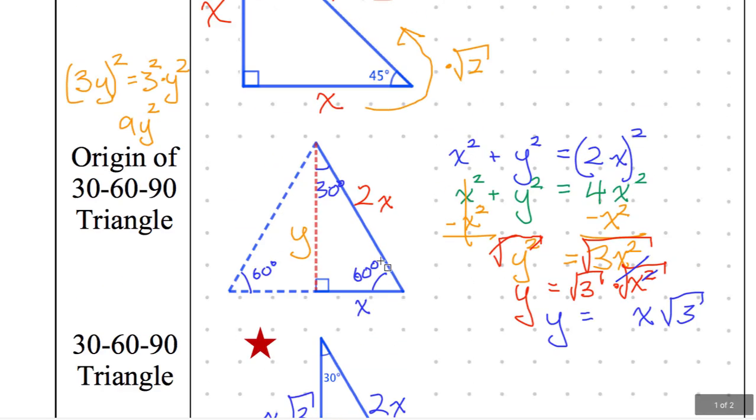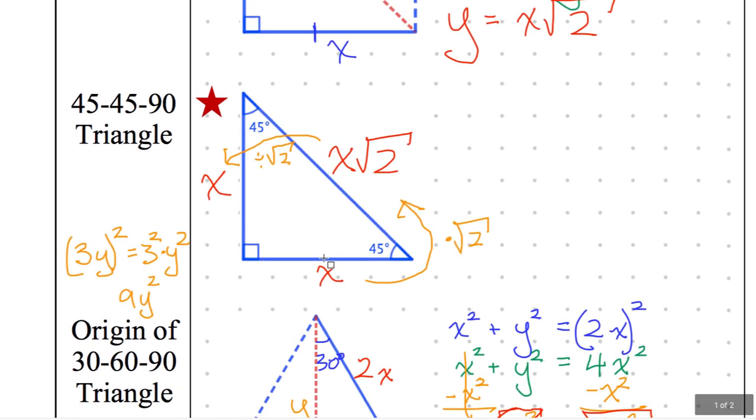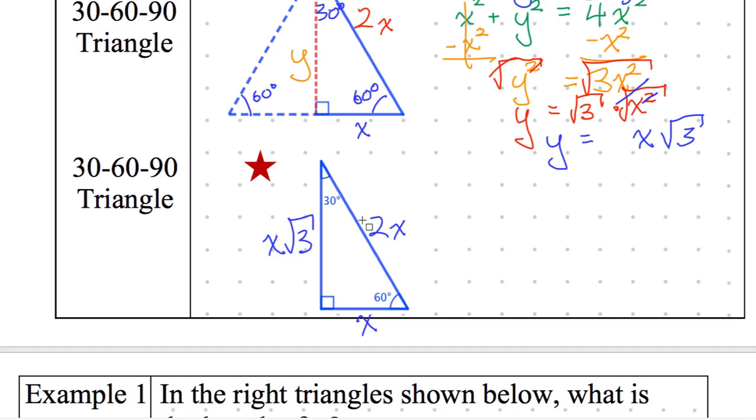Just to review, in order to move from a leg of a 45, 45, 90 to the hypotenuse, you multiply by square root of 2. To go backwards, you divide by square root of 2. Let's go ahead and annotate this diagram a little bit as well, with the same markings. To go from here to here, what operation do we do? Do we multiply or divide by something? And again, it's opened up to everyone because we need to get through this lesson now.